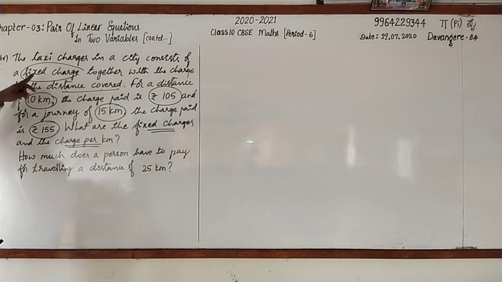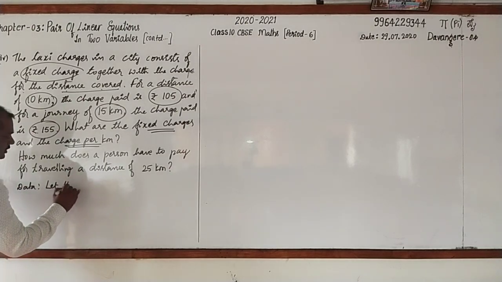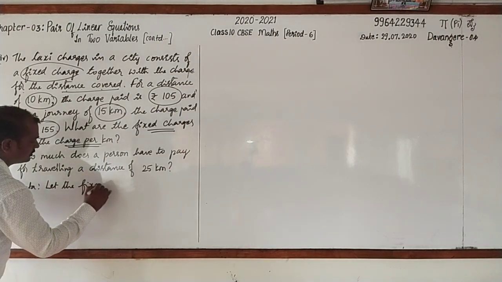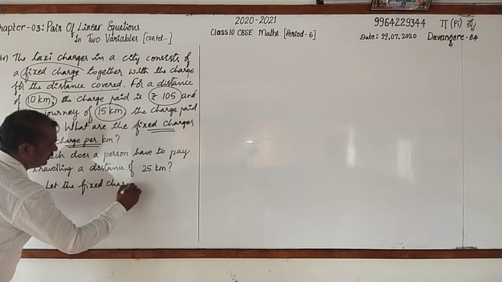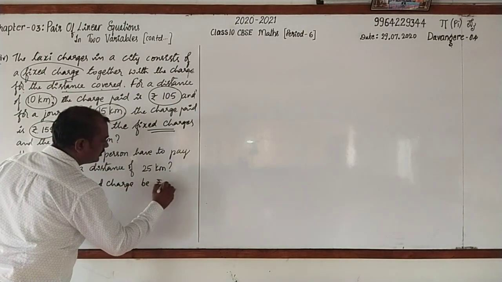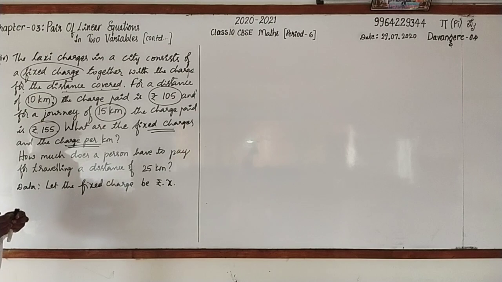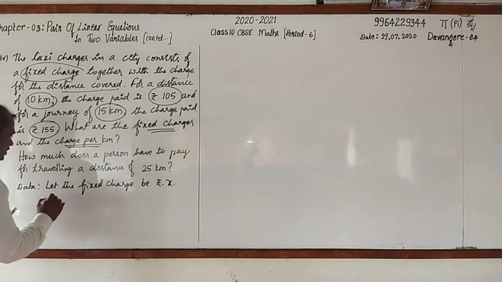Here it has been given that the taxi charges in a city consist of a fixed charge together with the charge for the distance covered. Here fixed charge is unknown. First let us write that. Let the fixed charge be rupees x, and then charge for 1 kilometer, that is also unknown. Here also.